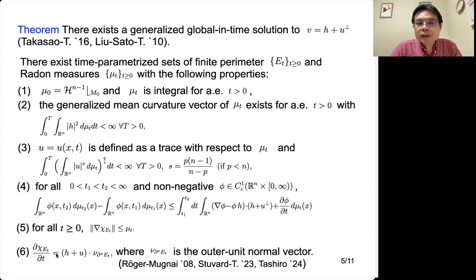This is satisfied in a distributional sense. So this is another way of describing that this boundary is moves by the motion law of velocity equal to h plus u. So all these things are satisfied. I just mentioned some names, but maybe I should just move on.